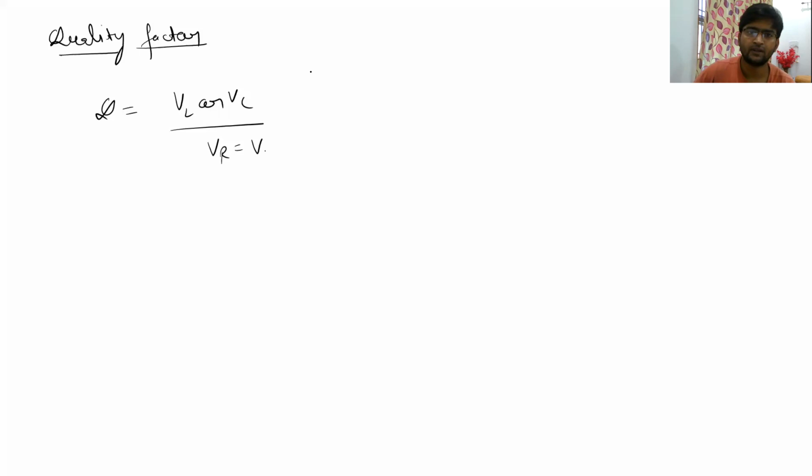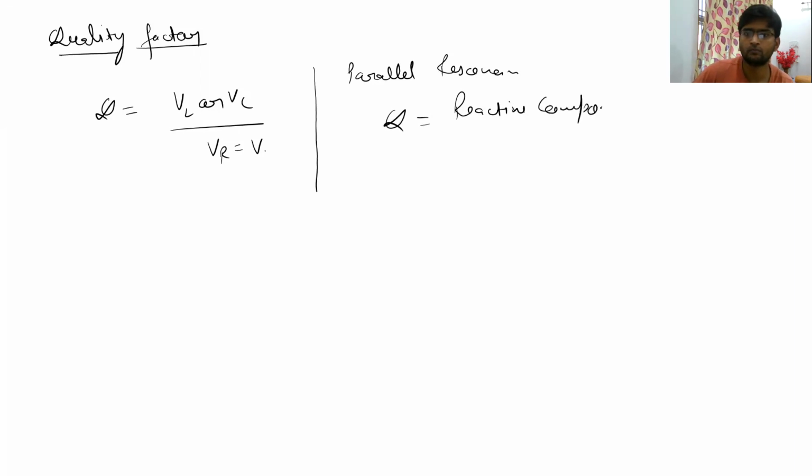But since in our parallel case, we focus on currents and not on the voltages, in the case of parallel resonance, the universal formula for quality factor will be the reactive component of current divided by the active component of current.